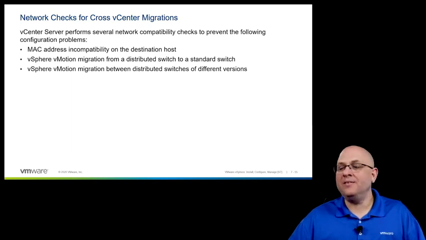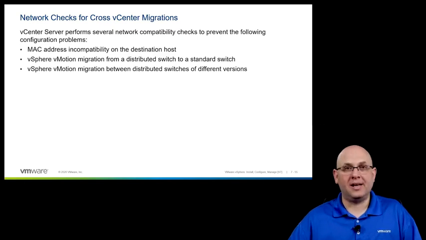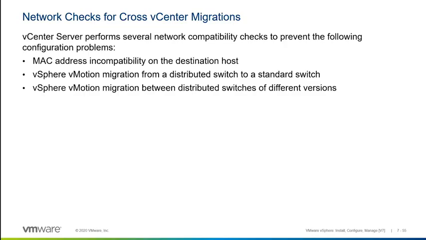Now, there are a couple of network checks that are going to occur before the migration takes place. The first thing that we're going to look at is MAC address compatibility between the source host and the destination host. What does this mean?